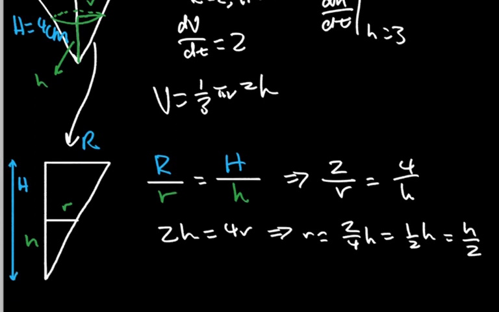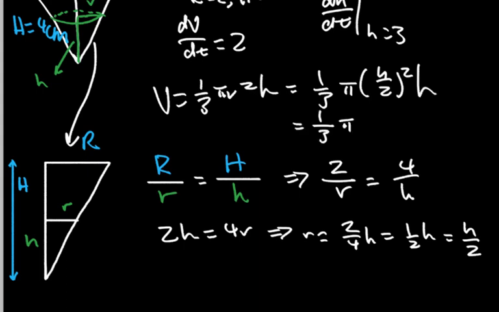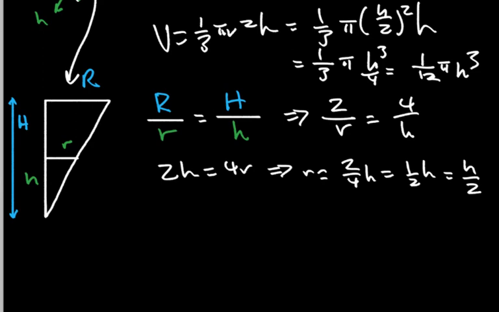So the volume function now becomes 1/3 pi times (h over 2) squared, all times h. In other words, 1/3 pi times h cubed over 4. So 1/12 pi h cubed. All right, so let's work with that down here then.